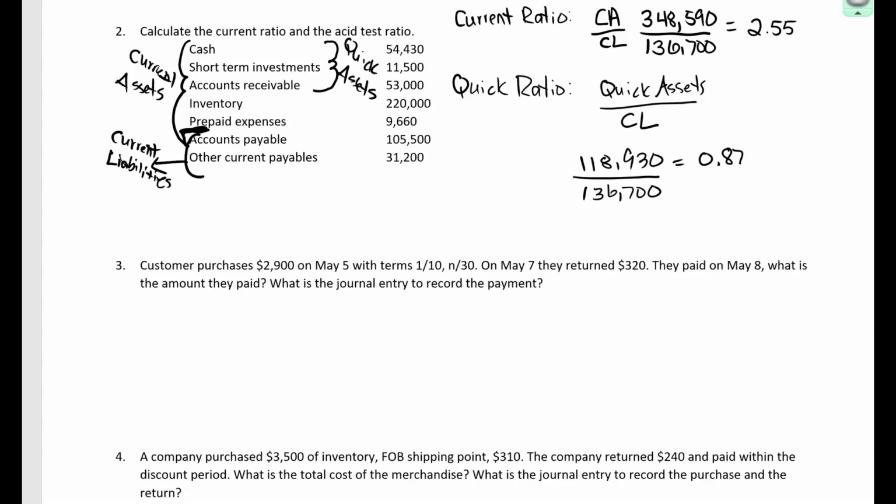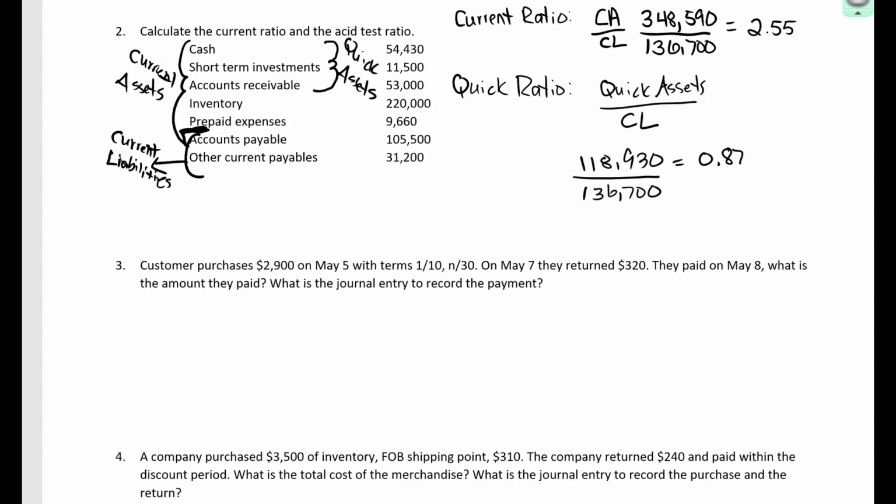Okay, let's look at number 3. A customer purchases $2,900 on May 5th with terms 1/10 net 30. On May 7th, they returned $320 worth of merchandise. Then they paid on May 8th. We need to look at what the amount paid was and what the journal entry to record the payment is.